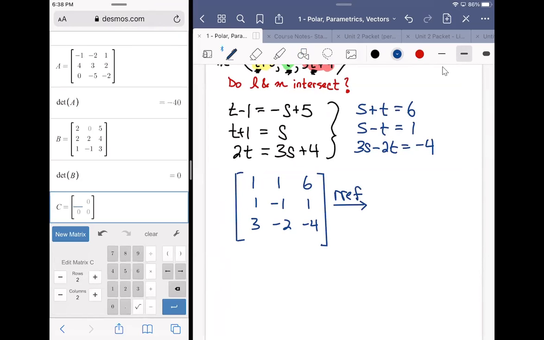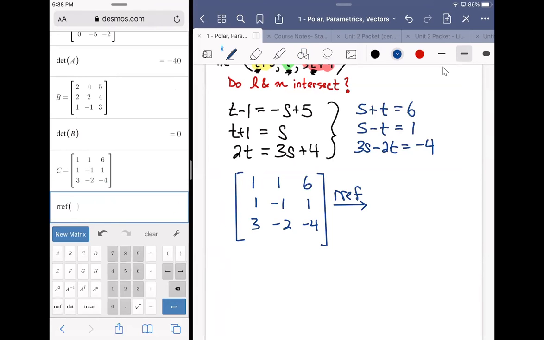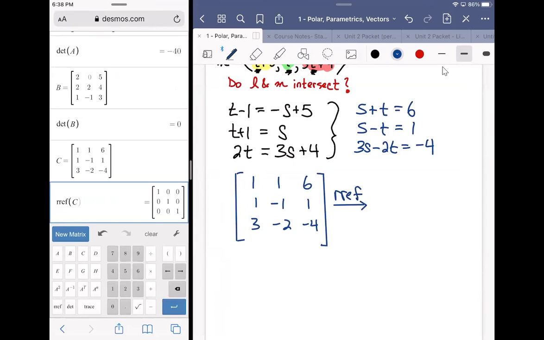So new matrix, 3 by 3: 1, 1, 6, 1, negative 1, 1, 3, negative 2, negative 4. Then when I row reduce this with the RREF technique, I get this solution, quote unquote solution. Let me pause the recording and see. I got a couple questions.